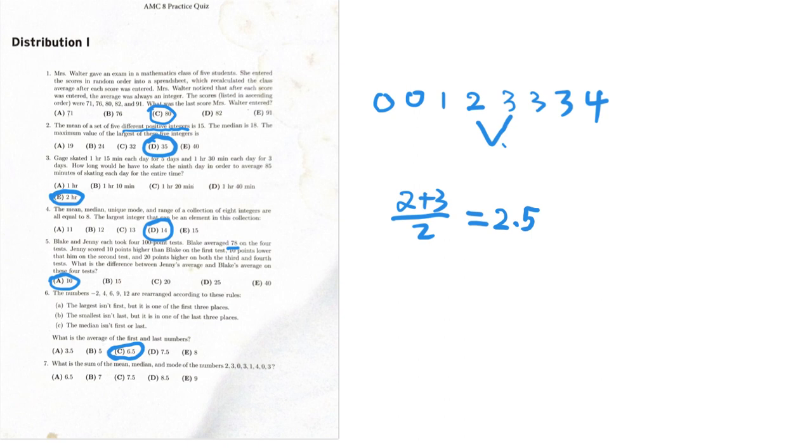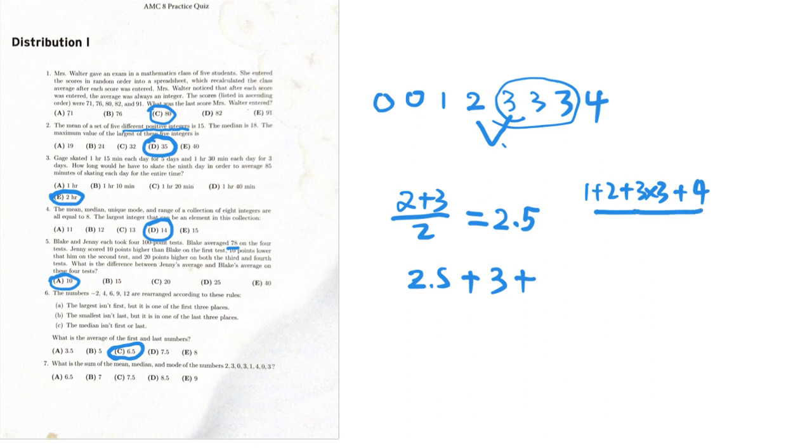The median is 2.5. The mode is very easy. It's 3, the most frequently appearing number. And the mean is the sum of the numbers divided by the number of numbers. The sum is 1 plus 2 plus 3 times 3 plus 4, and the total divided by 8.